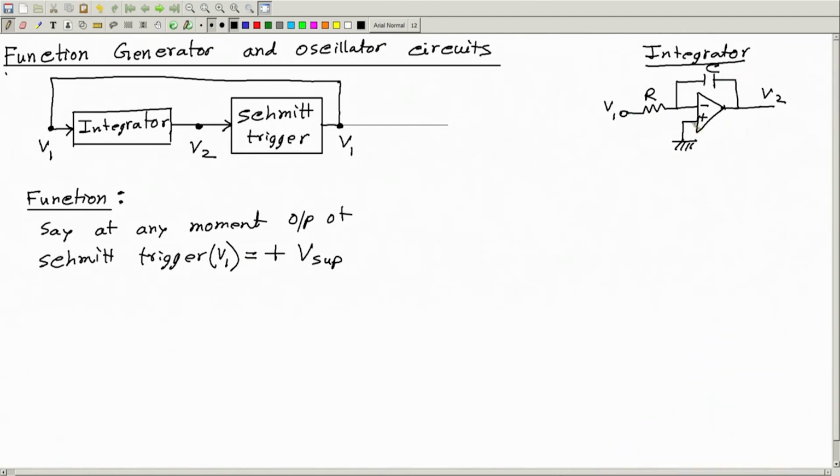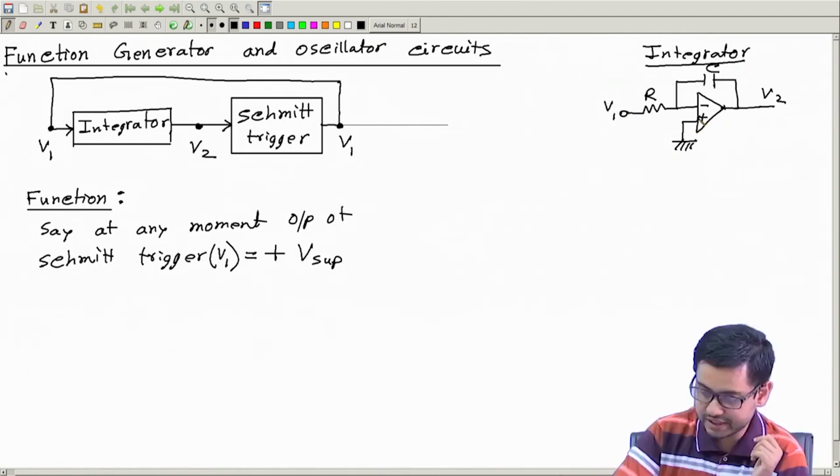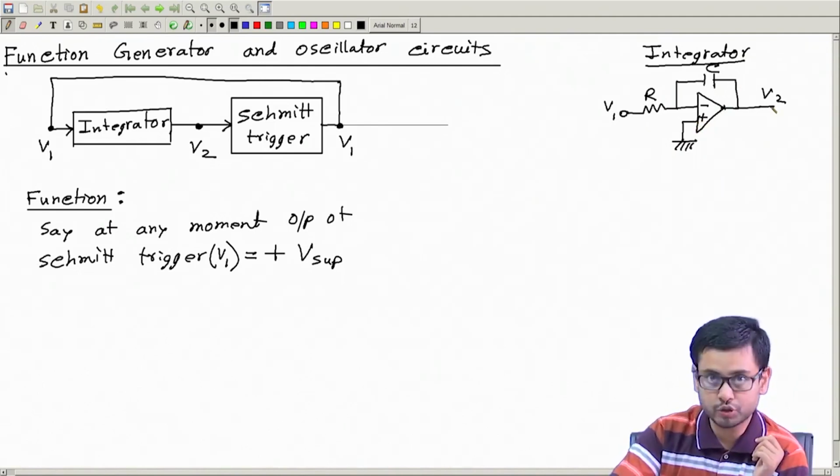For this integrator, we know the output decreases if the input is positive.